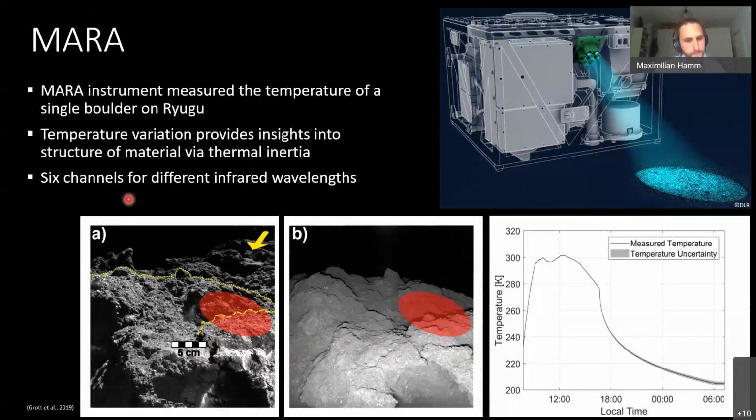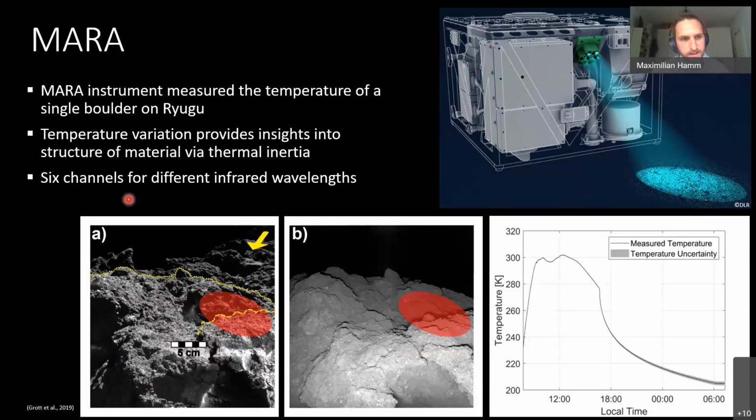We are interested in the temperatures because when you look at how the temperature changes with changing illumination, you can learn about the structure of the material. The structure of the material and the temperatures are linked via a material property called thermal inertia, which is the central property we're interested in here in this work.